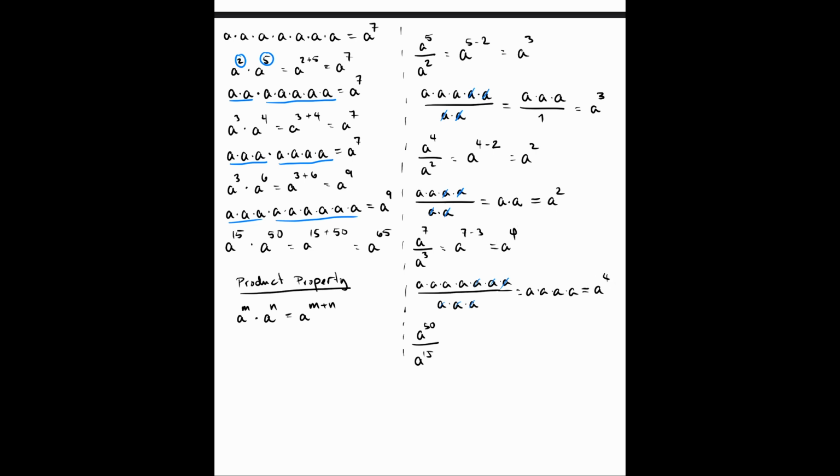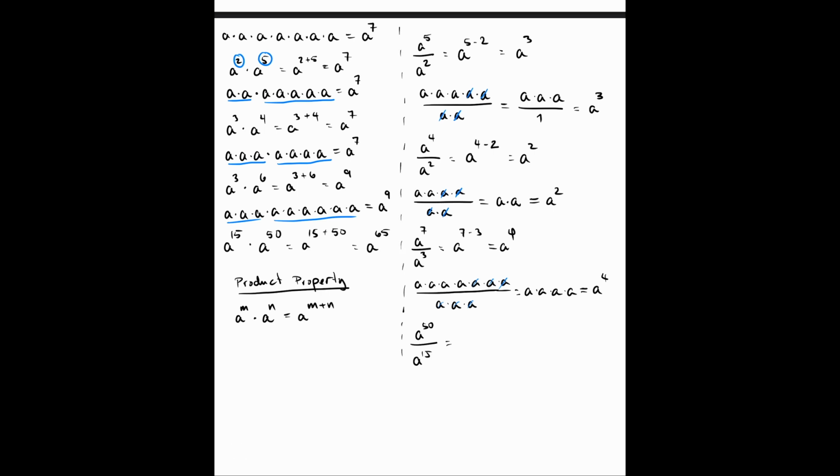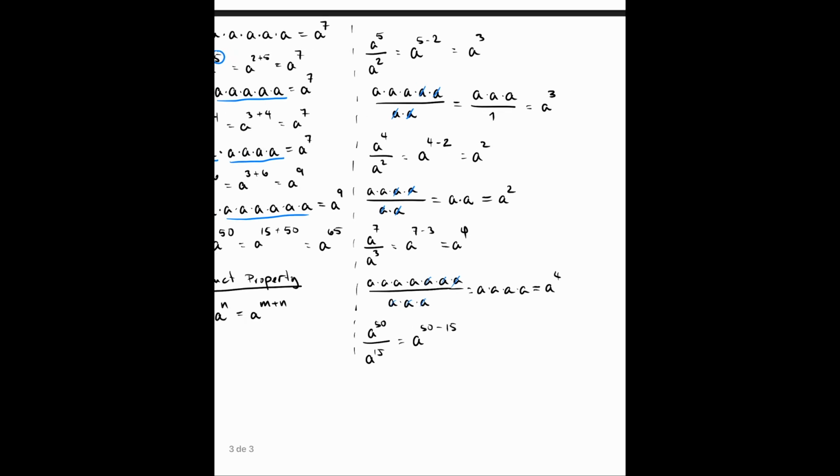And we could continue trying out different examples, and we could even formalize this very meticulously, but from what we have observed, we have every reason to believe that we can always subtract the exponent in the denominator from the exponent in the numerator, and that will give us our new exponent. 50 minus 15 is 35.